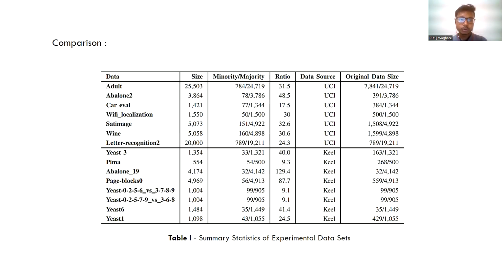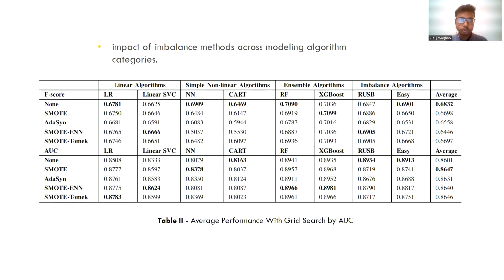The hyperparameters for these modeling algorithms are tuned by grid search so that F-score, AUC, and accuracy metrics on training datasets are optimized. The given table shows the impact of imbalance methods across the modeling algorithm categories. First is the linear algorithms, logistic regression and linear SVC.